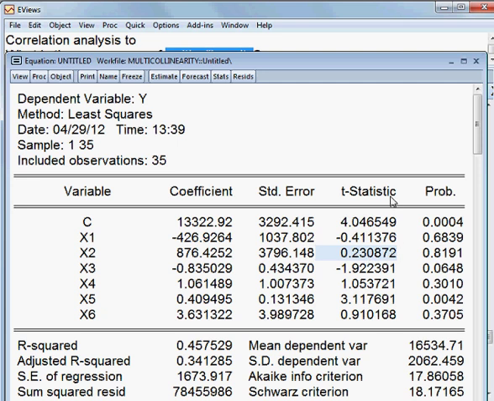Okay, and what is the relationship between the t value and p value?